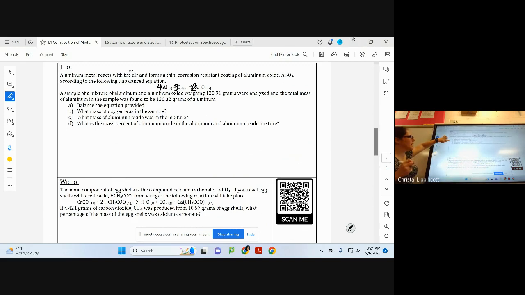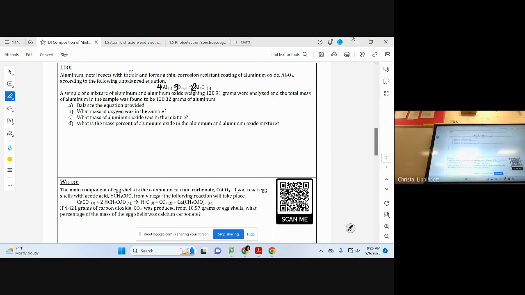What is the mass of the oxygen that was in the sample? Well, if we know how much the sample was, and we know how much the aluminum was, all we have to do is subtract, and it's going to give us the mass of the oxygen.